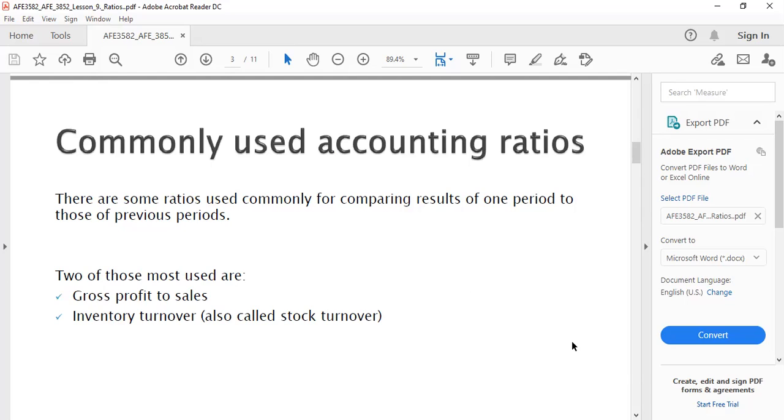You can also be asked to calculate net profit over sales, or your net profit margin. If you see the word margin, just know that it's something over sales. So net profit margin, then you know that it's net profit over sales. And if you see the word markup, then you know that it has to do with cost of sales. So net profit markup, then you know that it's net profit over cost of sales, like that. Do you understand?